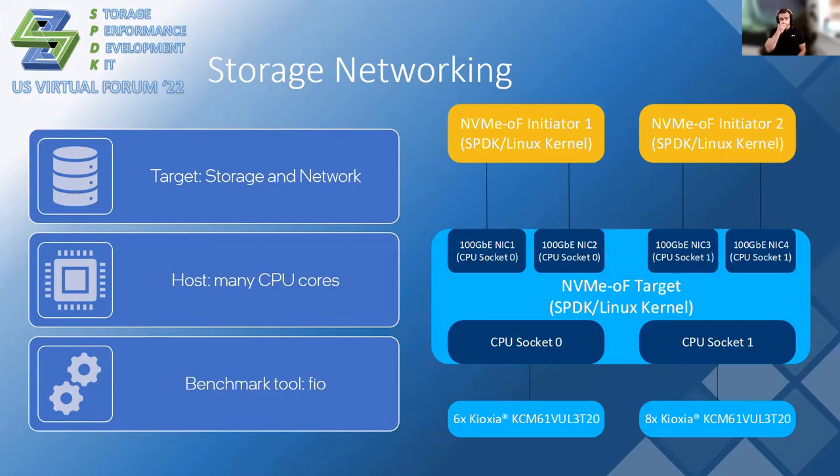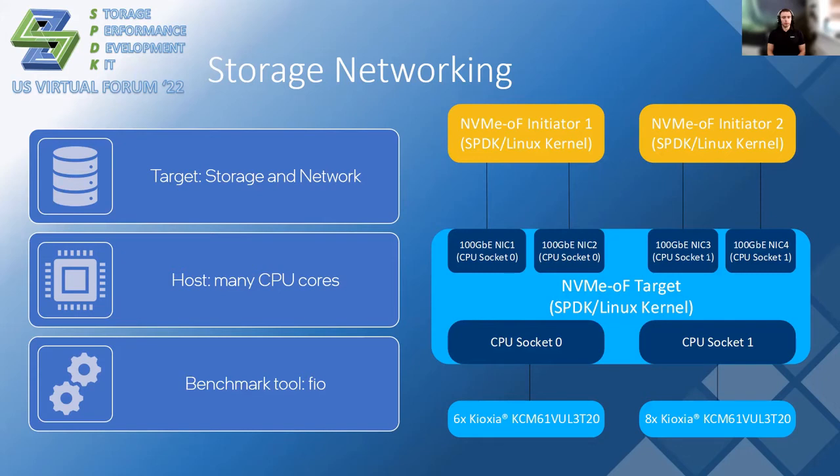Our test setup consists of 3 server systems. The target system is the one with 14 NVMe drives installed, and the other 2 are initiators responsible for initiating the connections to the target system. All systems are equipped with high bandwidth network interfaces so that the network link does not become a bottleneck for performance testing.